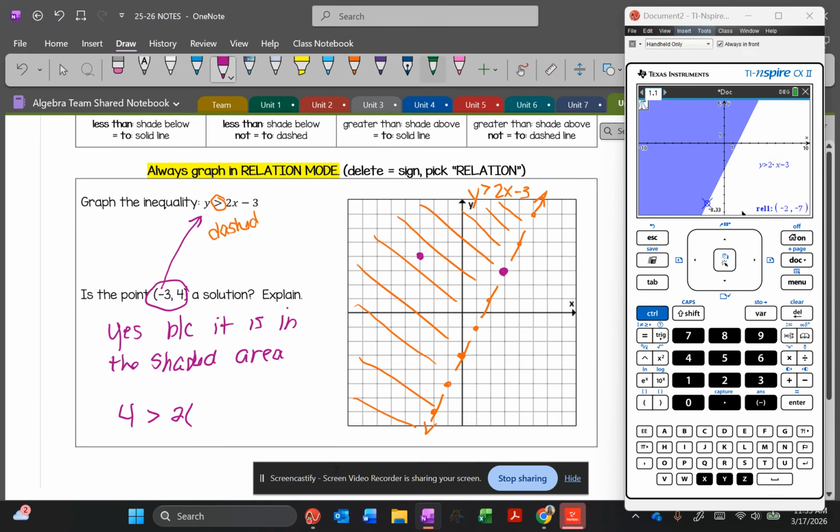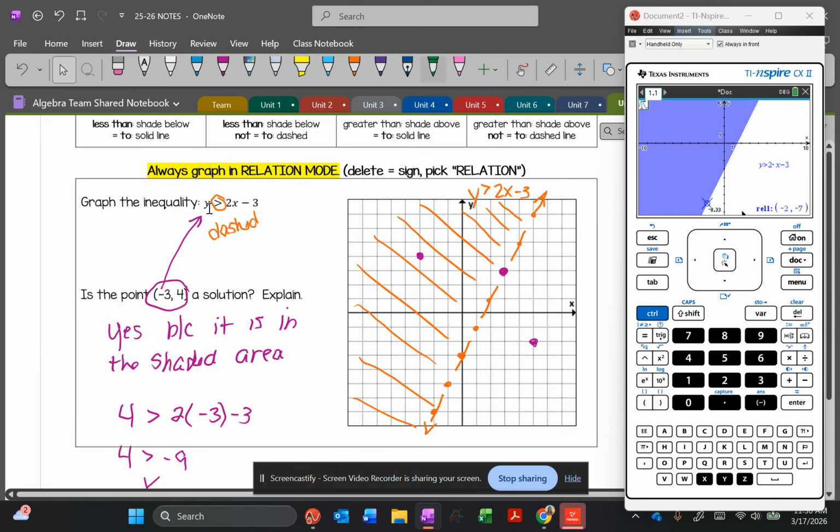So 4 is greater than 2 times negative 3 minus 3. Is 4 bigger than negative 6 minus 3? Sure is. Negative 6 minus 3 is negative 9. That's true. So points on dashed lines and not in shaded areas would not be solutions to an inequality.